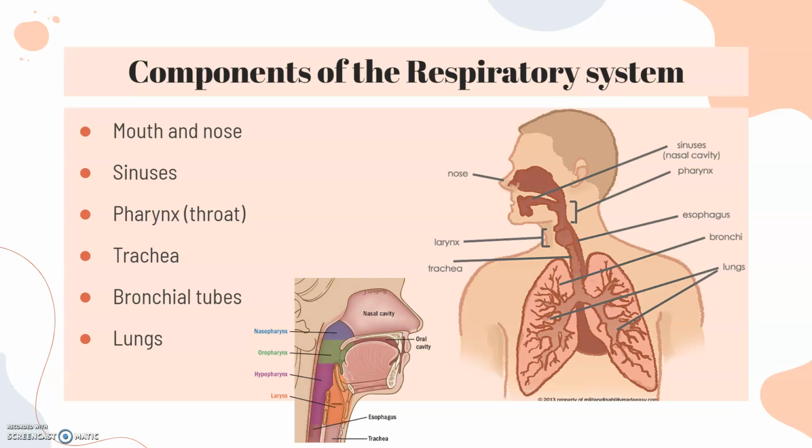The pharynx, or throat, is a tube that delivers air from our mouth and nose to the windpipe. There's also the trachea, which connects the throat and the lungs. There are the bronchial tubes, which are little tubes at the bottom of the windpipe that connect into each lung.